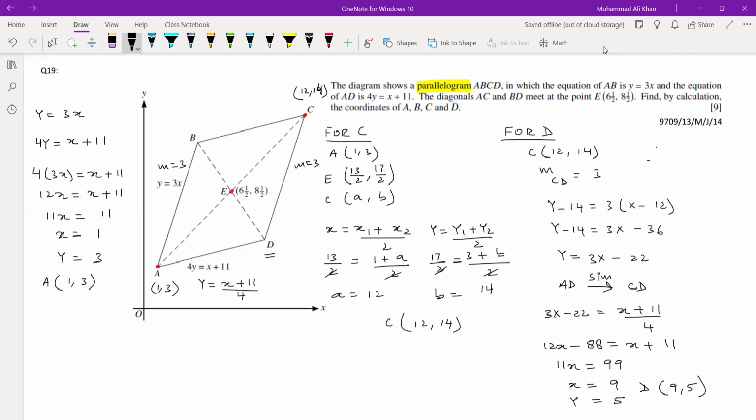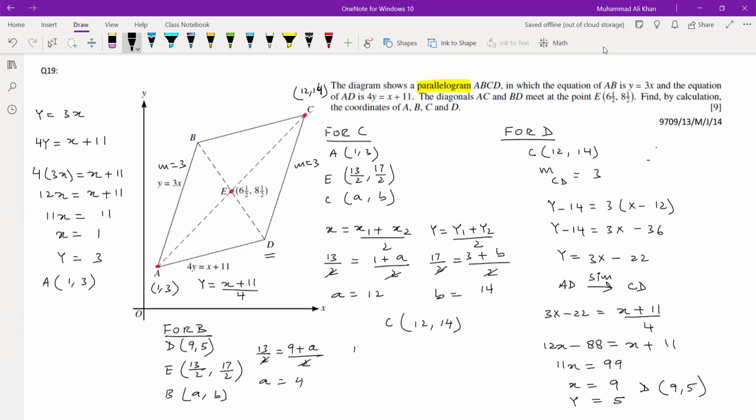And after finding out the D, I'm doing here for B, we have the coordinates of D 9, 5. We have the coordinates of midpoint 13 over 2 and 17 over 2. And again, we have to calculate the coordinates of B. So x equals to x1 plus x2 by 2. 2 and 2 cancel out. a equals to 13 minus 9, 4.